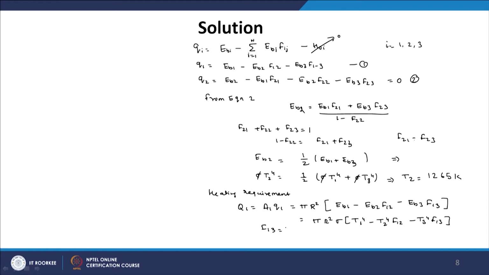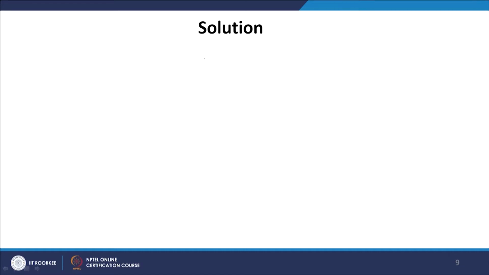F13, that is parallel disc, the view factor is equal to 0.0557, and F12, that is between the disc and the cylindrical surface, is equal to 0.9443. With these values we can substitute in the relation. We get Q1 is equal to 1.175 kilowatt. So, the total amount of energy that is required from the electric heater is 1.175 kilowatt.